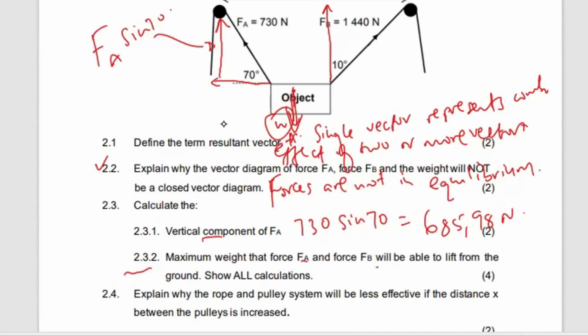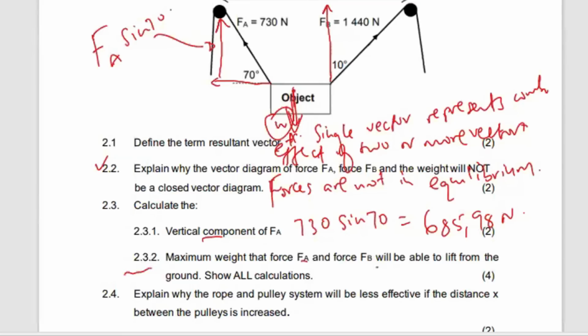So if we add those two, we can get the weight. So I'll come down and say that my F vertical of B, since now this is the adjacent, that's going to be FB cos of 10. So 1440 cos of 10. 1440 cos of 10, I'm getting 1418.12 newtons.